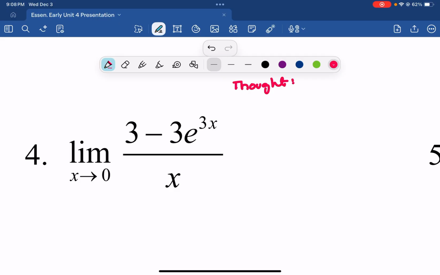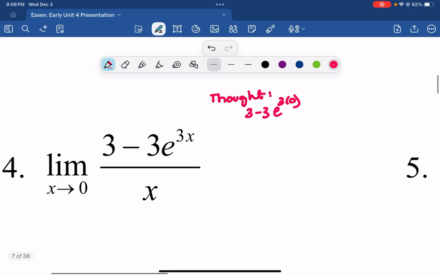Right, this isn't what I'm writing to do my problem necessarily. So my thought is if I do 3 minus 3e to the 3 times 0, then this whole e to the 0 power, that's really 1. So I really get 3 minus 3, so that's going to be 0, right? And I know that the limit as x approaches 0 of x is also 0.